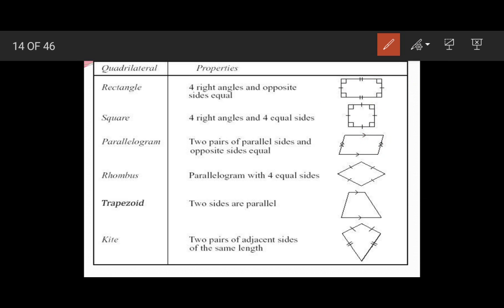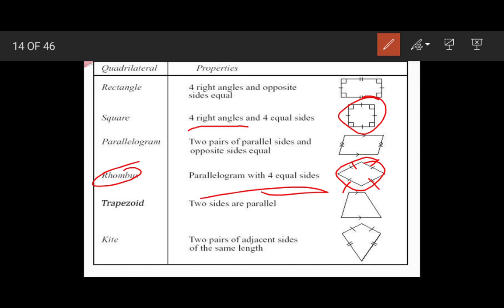Then rhombus. There is a similarity between rhombus and square. The similarity is that in rhombus also all the sides are equal. And what is the difference? In square there are four right angles, but in rhombus there are no right angles.